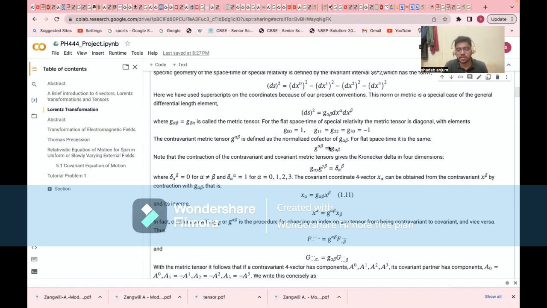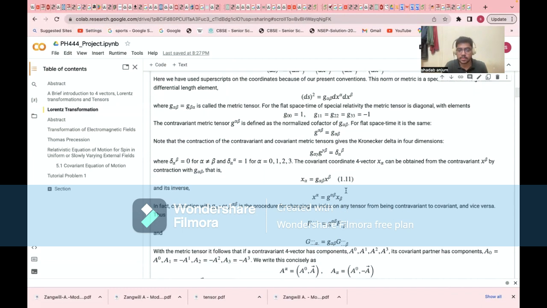So we have this by definition: for a flat space-time, the contravariant and covariant forms are the same, and the first diagonal entry is 1 and the others are -1. And this is a transformation equation between a covariant and a contravariant vector. And g_αβ, each of the coordinates, just sum over g_αβ, matrix multiplication.